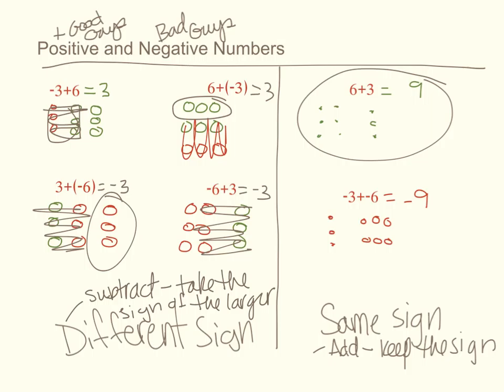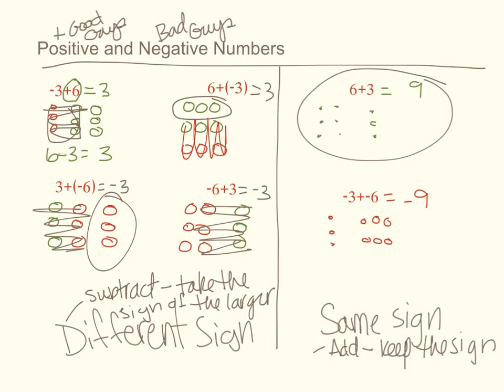So on this one, if I was going to work this problem, I would go 6 minus 3 equals 3. Our larger is a 6 and it's positive, so we're keeping the sign of positive on that one. And again, like I said, my daughter said these are turnarounds, so I really don't have to do this side of the problem again because they are turnarounds.